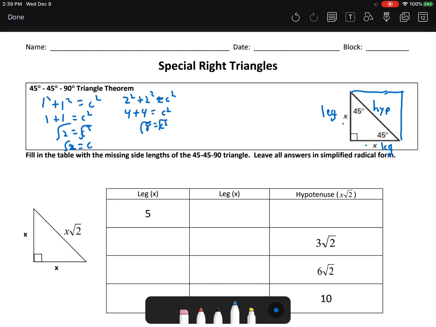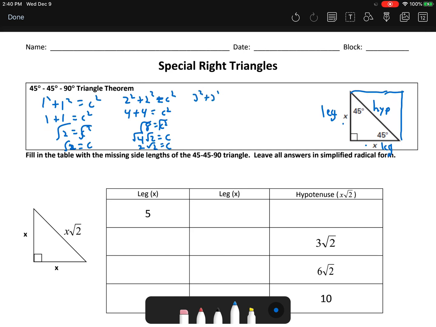Now, the square root of 8. You guys last year in Integrated 1 simplified radicals. So we look for the largest perfect square, and it's a 4. So c is equal to the square root of 4 times the square root of 2, which is 2 radical 2. Okay, let's see if we can see a pattern.